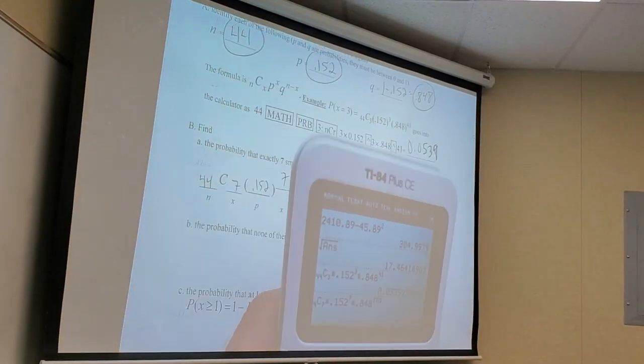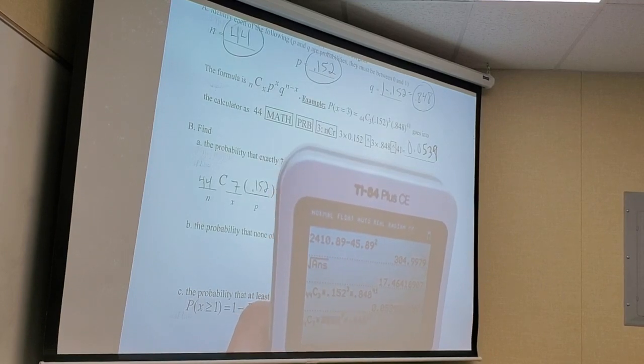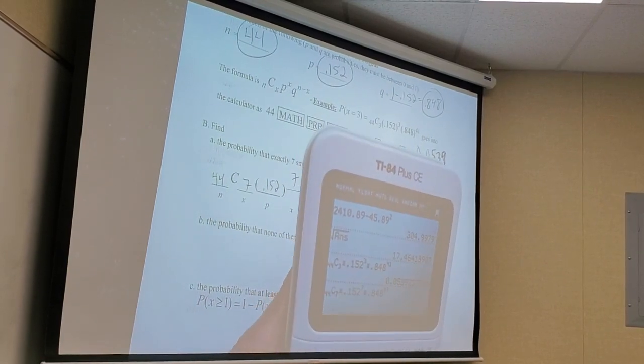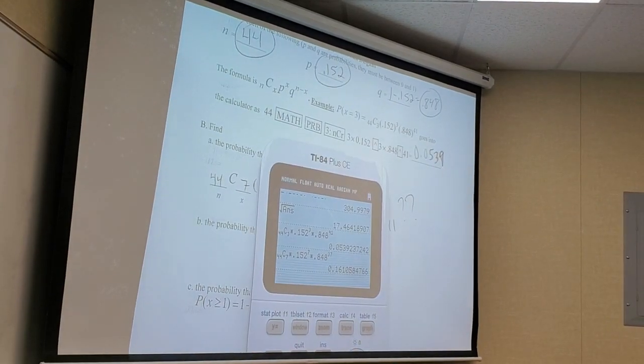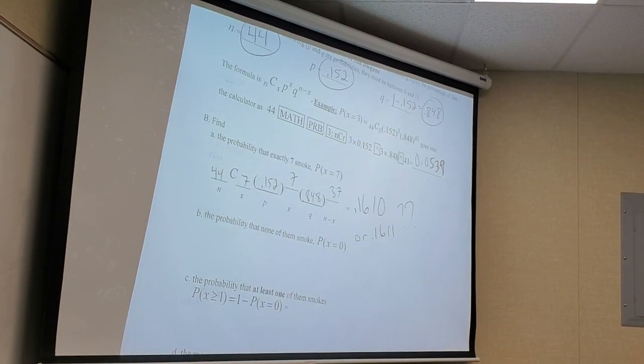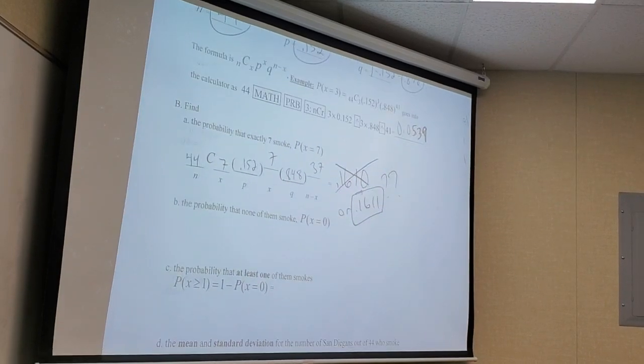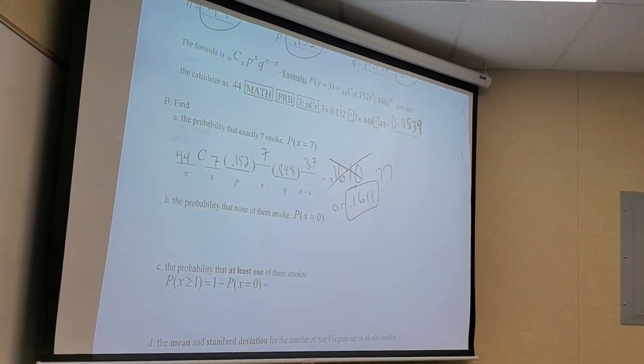Oh, did I leave somebody out? One, 1611 exactly. No. All right. So some of you have to be careful. Don't truncate. Don't cut it off, round. Yes. Don't just chop it. Okay.